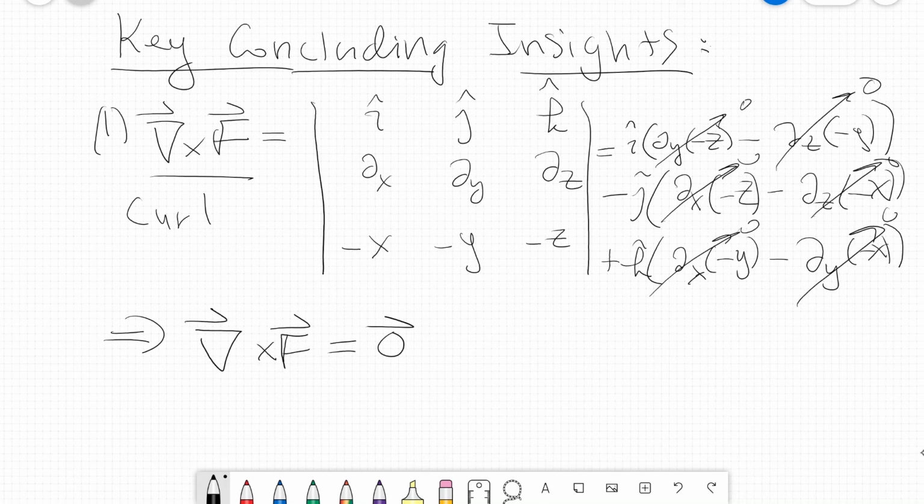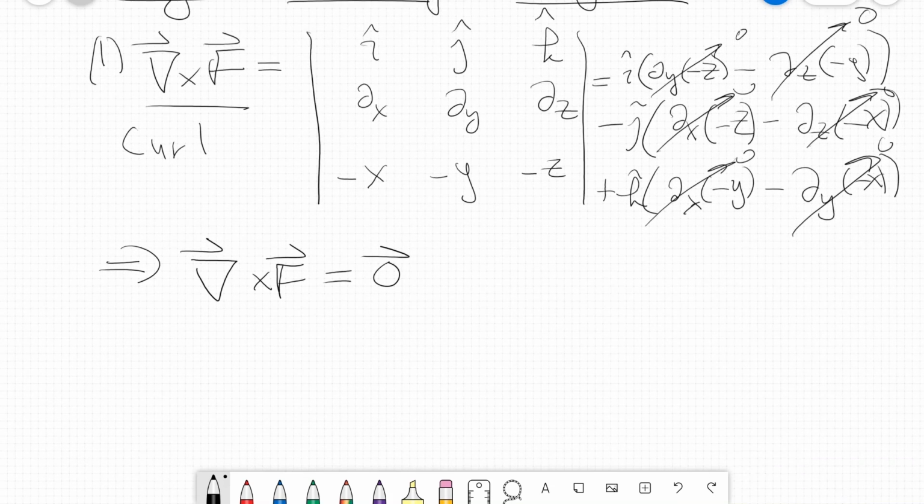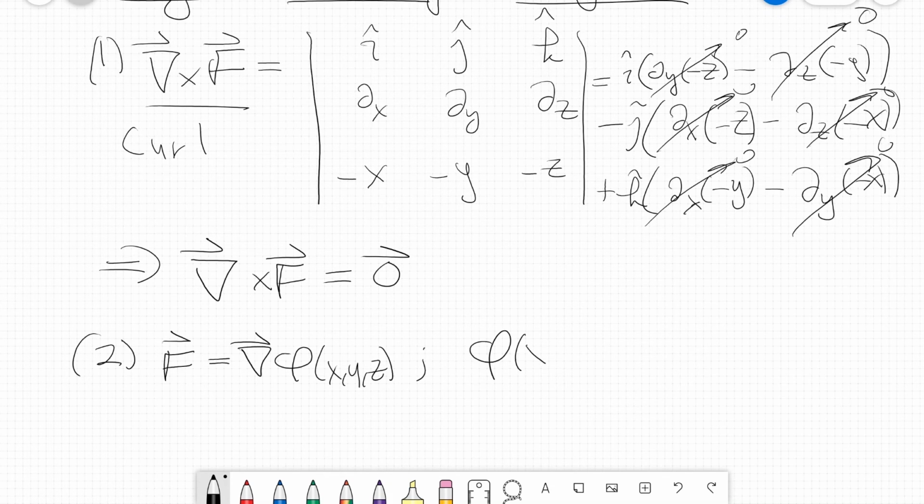That's our first key insight. Our second insight is that f can be written as the gradient of some scalar function if we would choose that phi is equal to negative 1/2 (x squared plus y squared plus z squared).